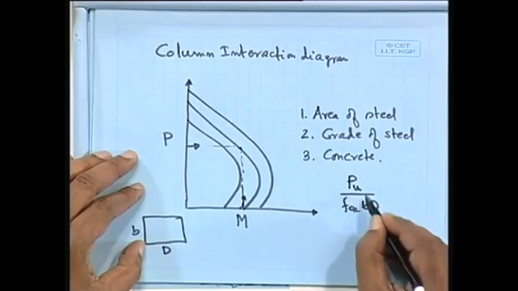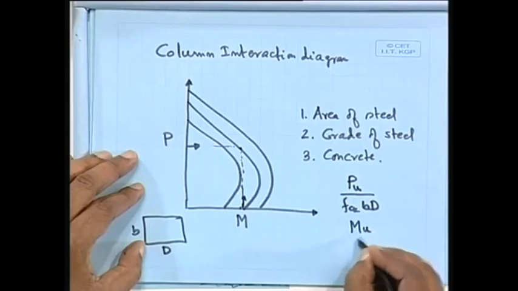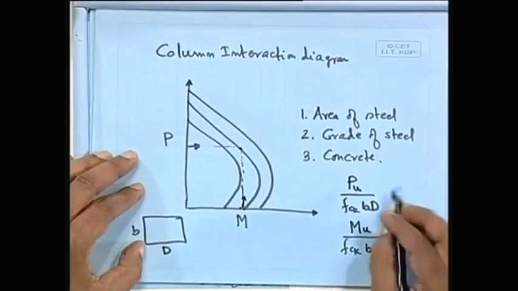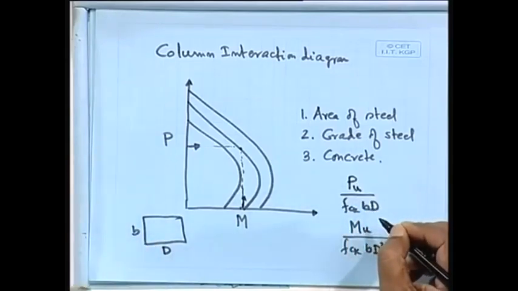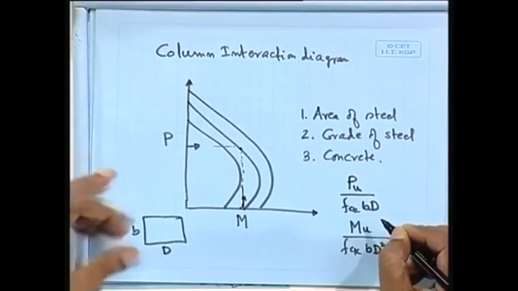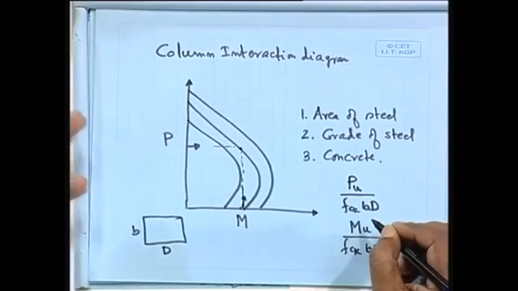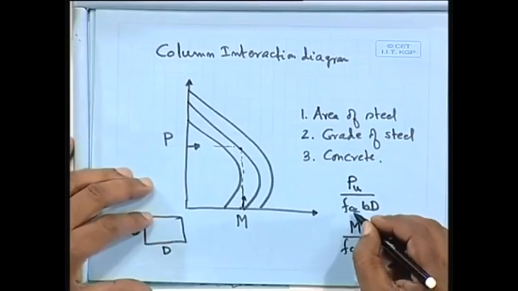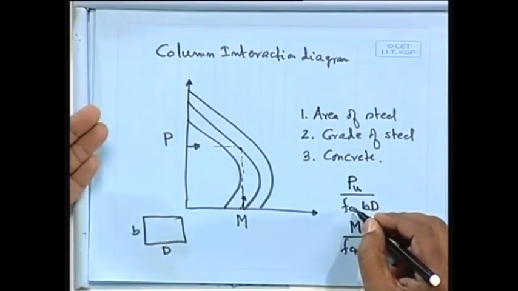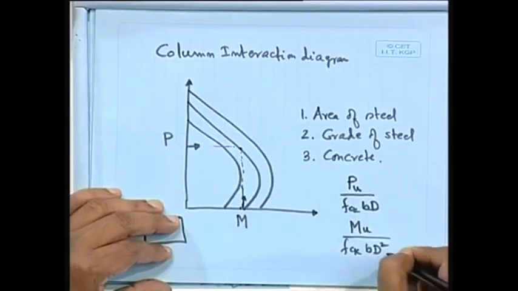So PU by FCK BD, because I know PU, I know MU also, MU divided by FCK BD square. Since I know PU and MU and I am choosing a trial section, let us try 300 by 300, 300 by 400, 250 by 300, like that. If we choose, and I know which concrete grade has to be used, I can find out PU by FCK BD and MU by FCK BD square.